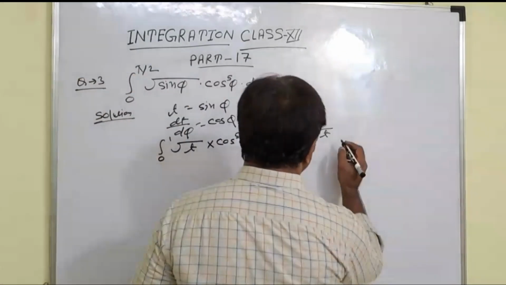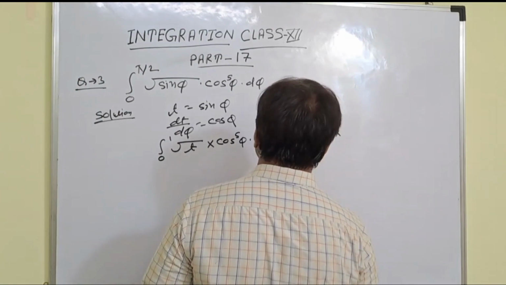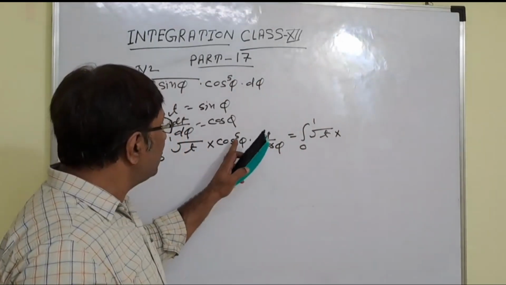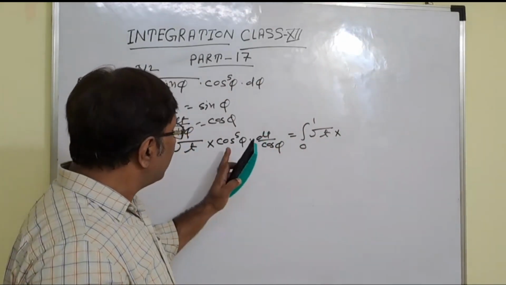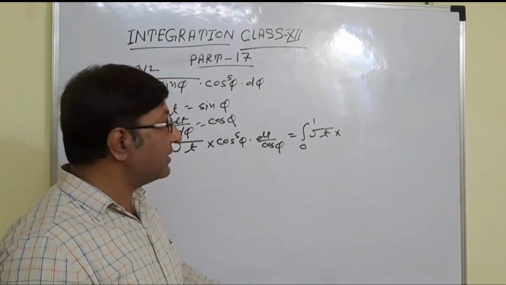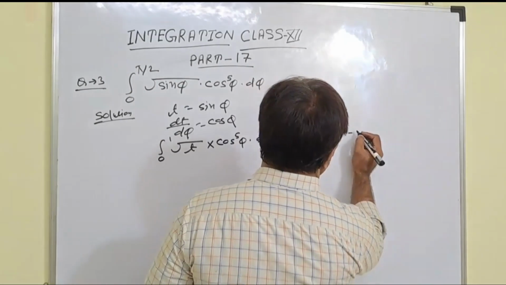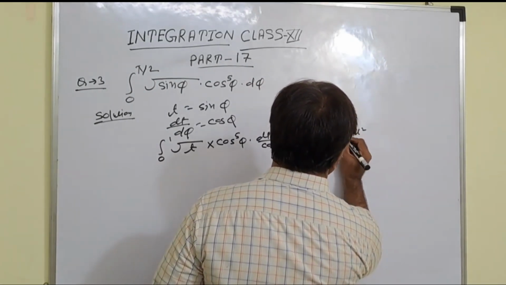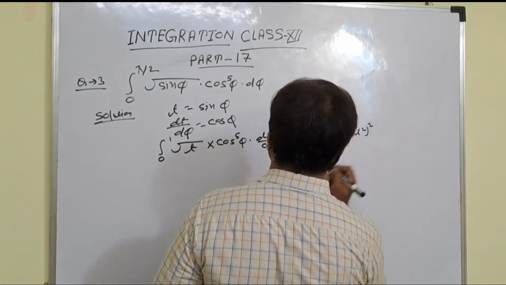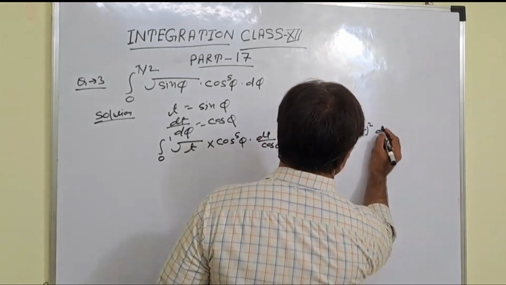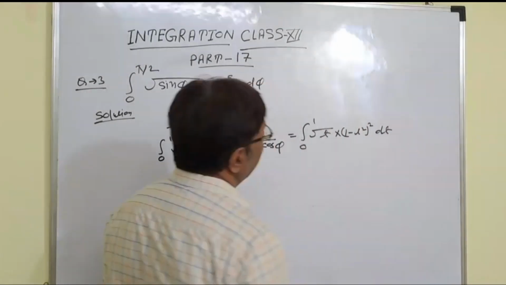So cos square is 1 minus sine square, so this is 1 minus sine square phi, which is t square. So 1 minus t square, the whole square, and this is simply dt.